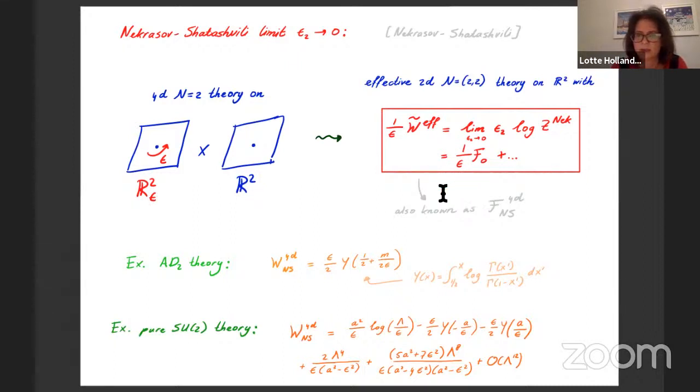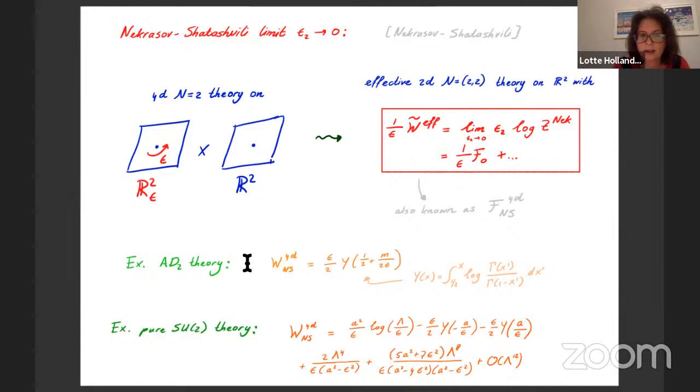Sometimes in some parts of the literature, this superpotential is also denoted as the Nekrasov-Shatashvili free energy. What I will use for this is a new symbol, which is here. I will write the superpotential as W_NS, the Nekrasov-Shatashvili superpotential in 4 dimensions.